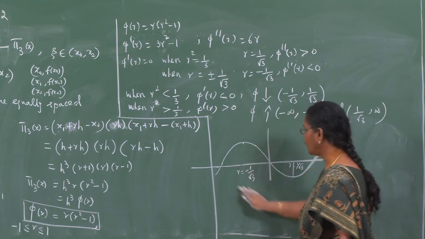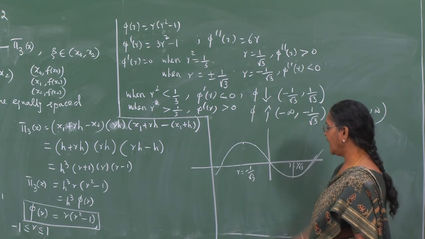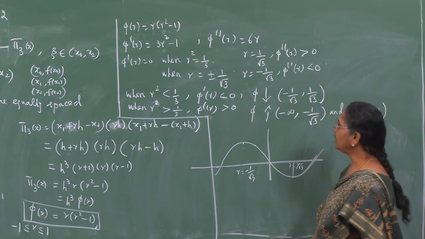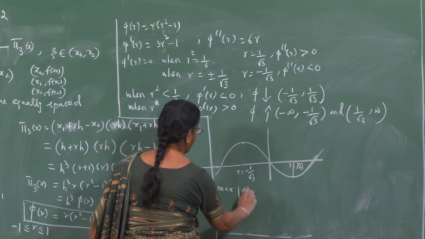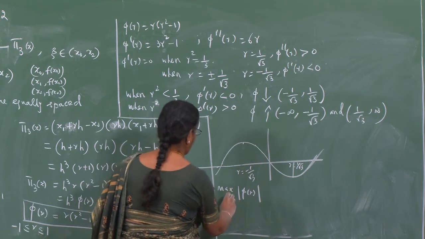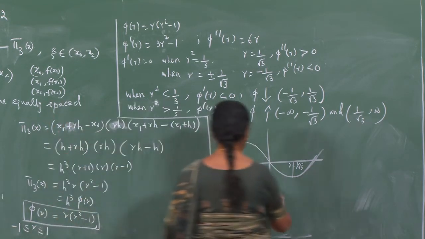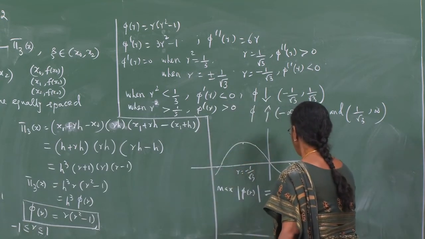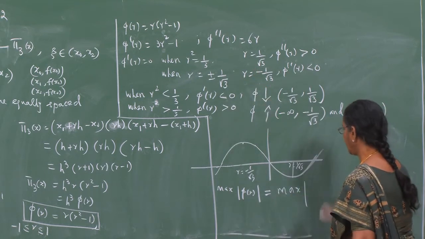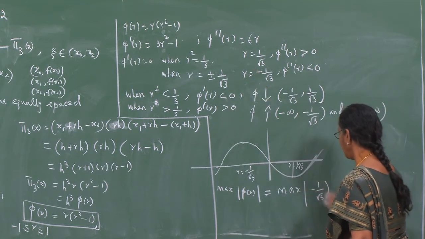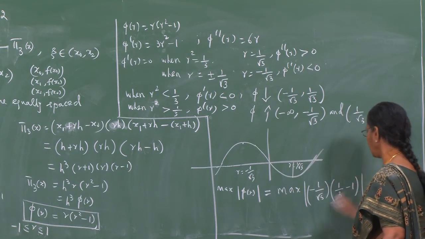So, we compute the maximum value of phi, which is attained at r equal to minus 1 by root 3. So, the maximum of modulus of phi of r for r lying between minus 1 and 1 is going to be the maximum of modulus of r into r square minus 1. So, r is minus 1 by root 3, r square is 1 by 3, minus 1.